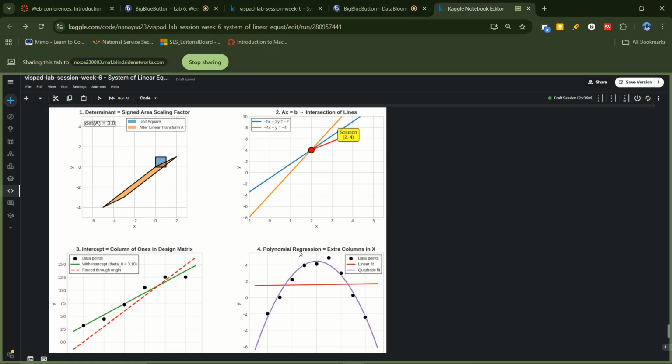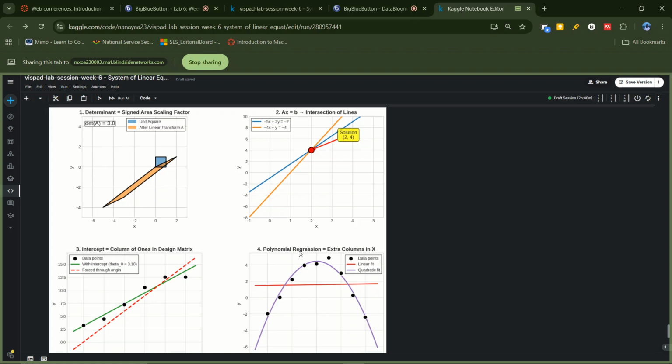Then the orange shape, looking kind of slanted like a parallelogram, appears after you transform the unit square by the matrix A. You realize that the area becomes three times bigger.